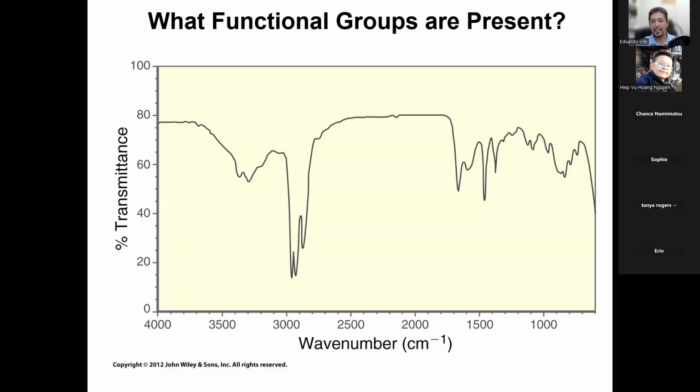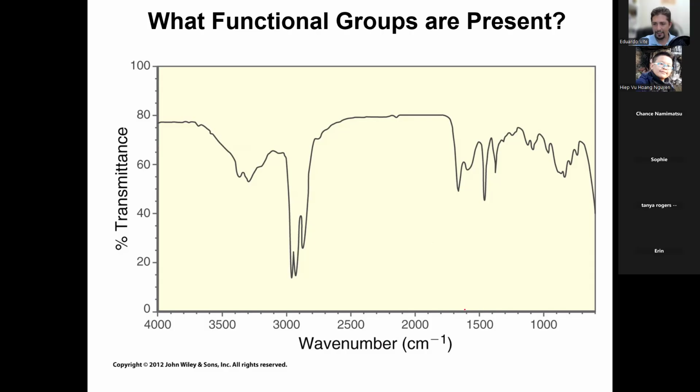What do you guys see? Okay, there's an answer in the chat. Definitely OH and C double bond O this time. It's both at 3000 and 1700. All right. Well, let's check it out.